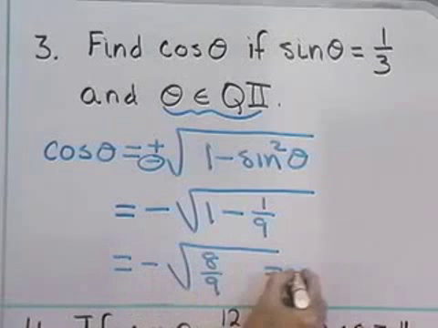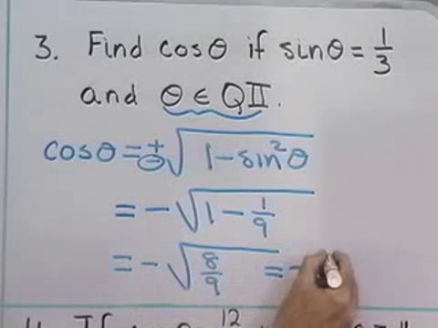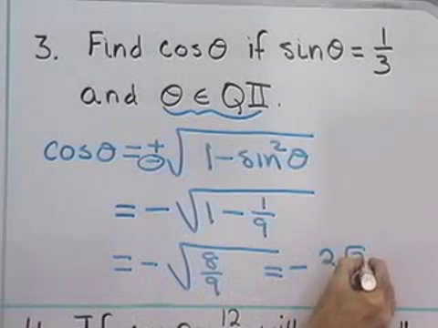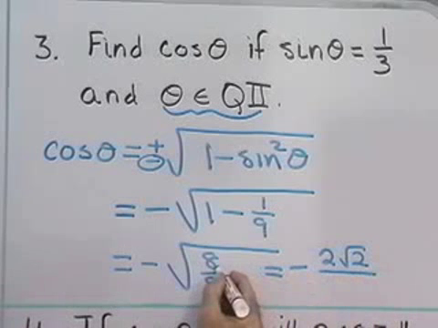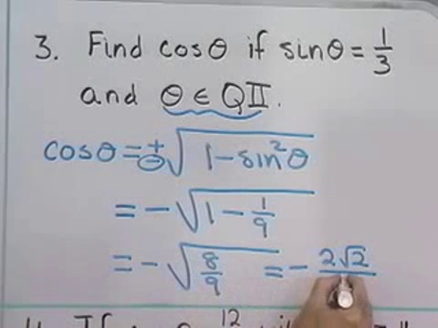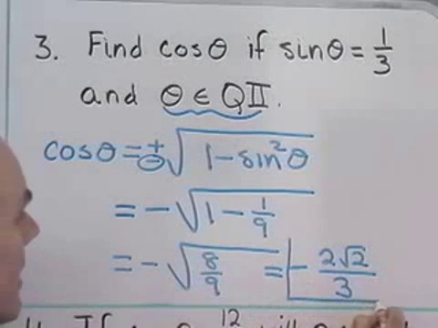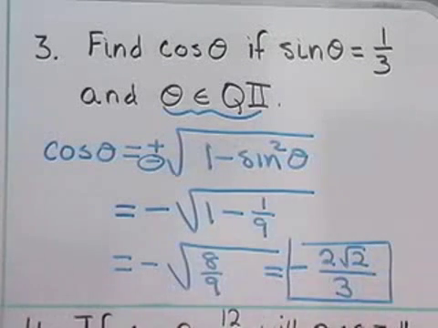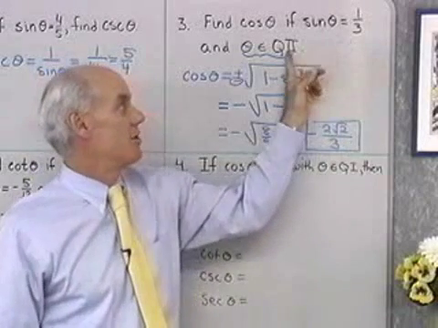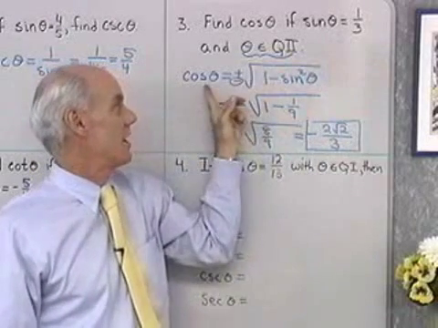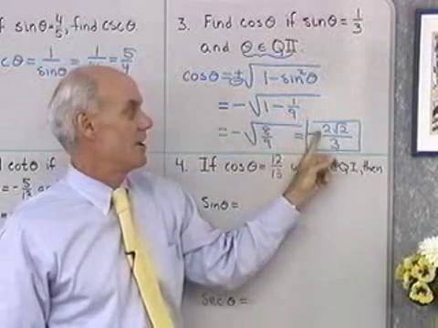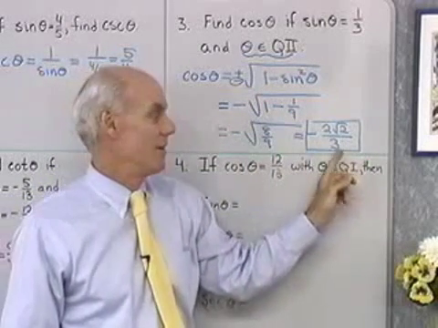So I'll take the negative square root of 8, which is going to be 2 square root 2 when I put that radical in simplified form, and the square root of 9 is 3. So if the sine of theta is positive 1/3, and theta terminates in quadrant 2, then the cosine of theta must be negative 2 square root 2 divided by 3.